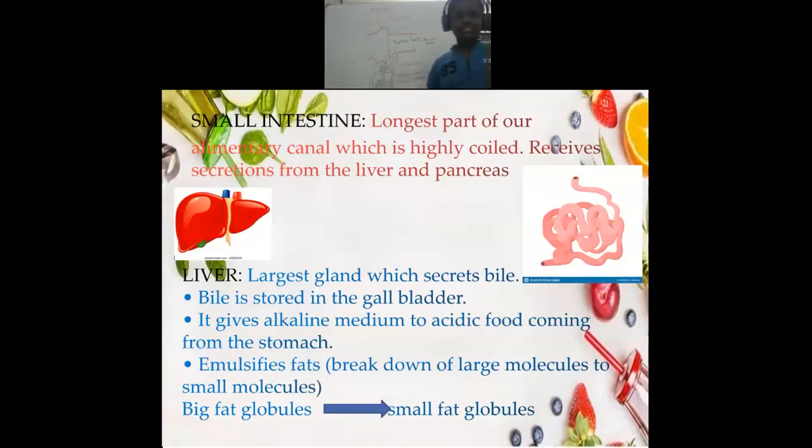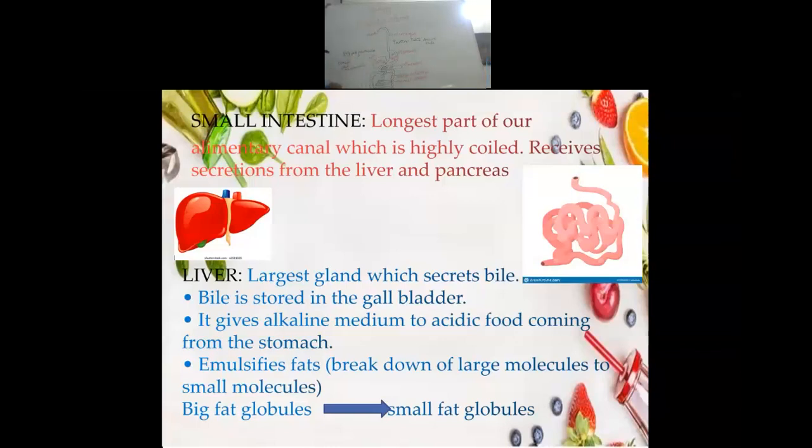Then the liver also emulsifies fat, that is, it breaks down larger fat molecules into smaller molecules. So here I can write another equation: big fat molecules to small fat molecules.